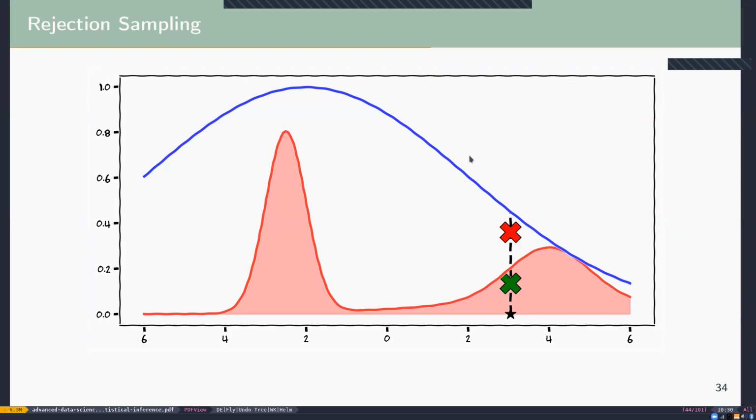Exactly. So if those two distributions were the same, I accept every sample. So what you would do is pick something simple, a distribution, and then multiply that with a value to push it above. And now, if that value is very large, you know that you're going to have a lot of empty space.